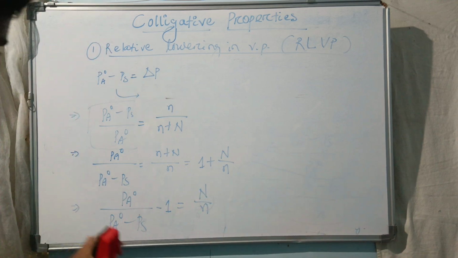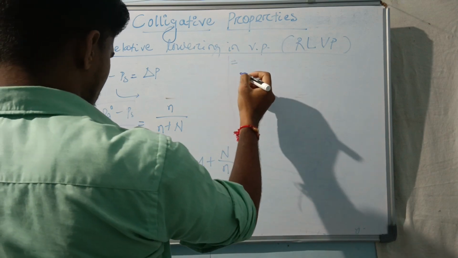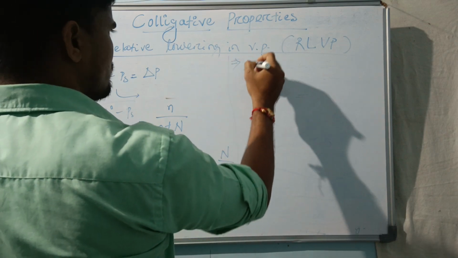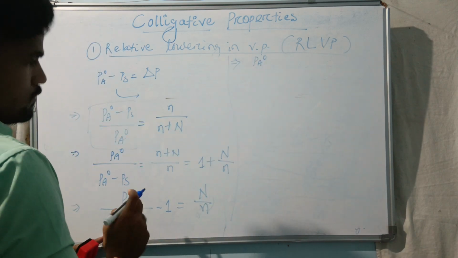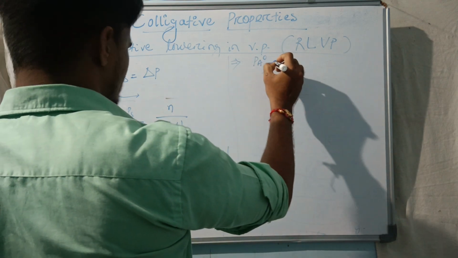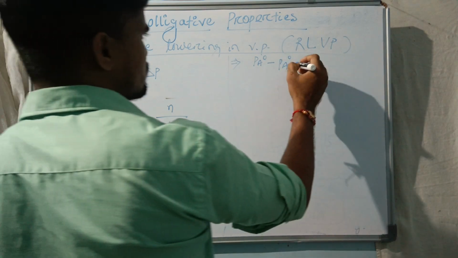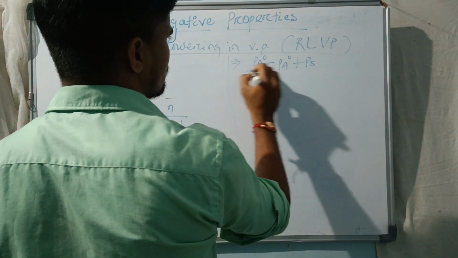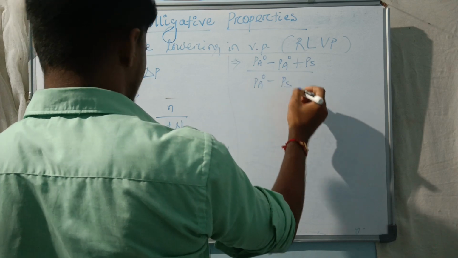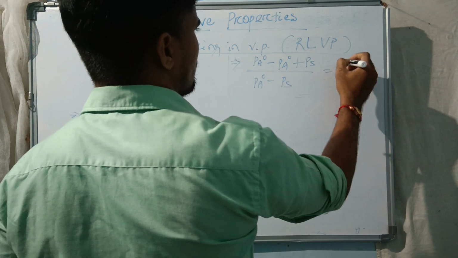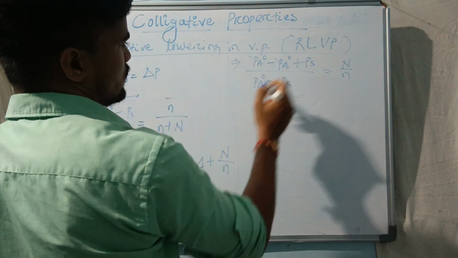Now PA naught, this will be multiplied with 1, so 1 into PA naught minus (PA naught minus PS), whole divided by PA naught minus PS, is equal to N upon n. So PA naught minus PA naught cancel out.